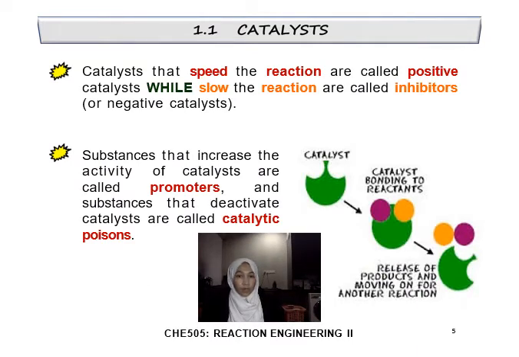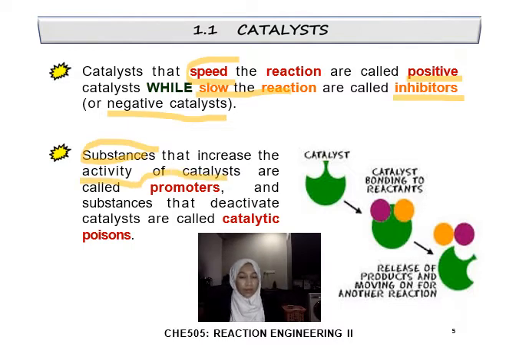There are catalysts that speed up the reaction. We call these positive catalysts. But there are also catalysts that slow down the reaction. We call these inhibitors, or another name, negative catalysts. Apart from catalysts, there is a substance that can further increase the activity of a catalyst.